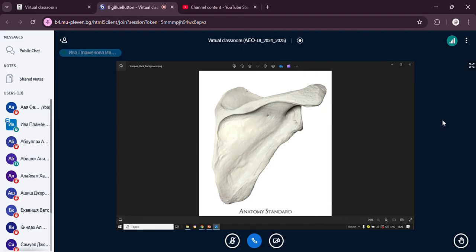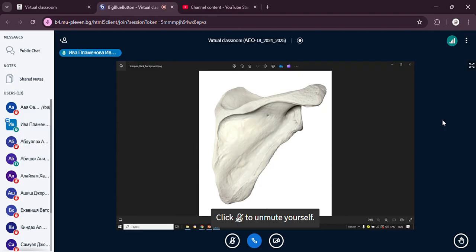So the superior part is called fossa supraspinata, right? And what's the name of the inferior part below the spine? If this is fossa supraspinata, this should be the infraspinous fossa, fossa infraspinata, yeah, perfect.